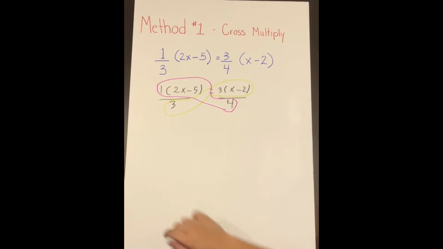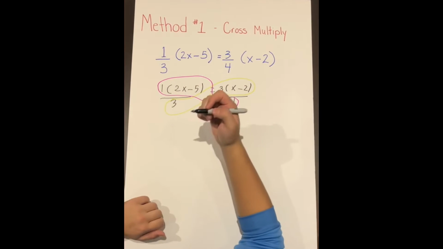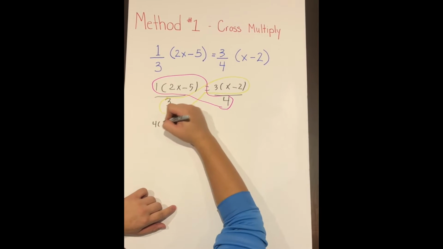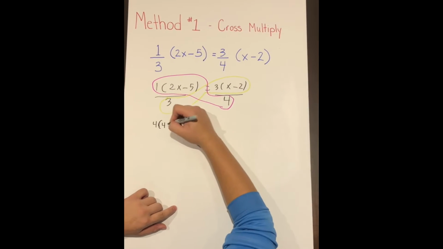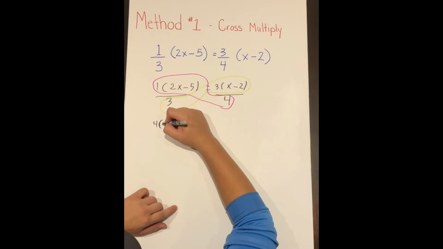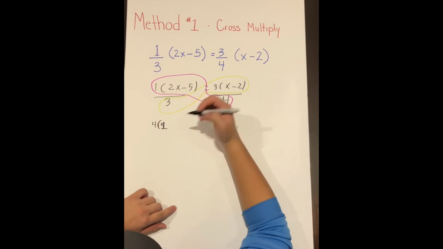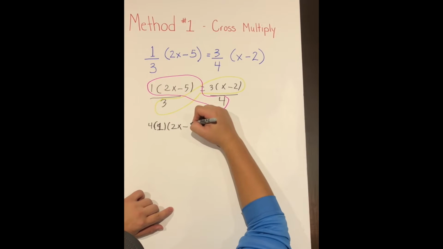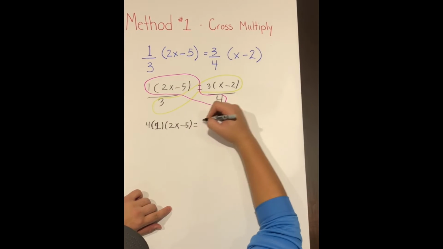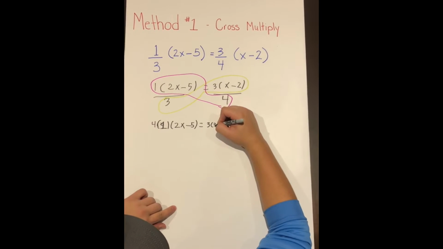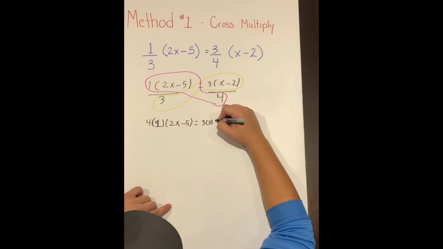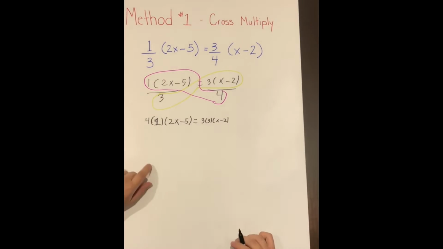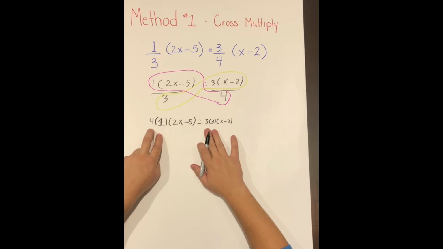After you do that, you would end up with something that looks like this: 4 times 1(2x - 5) = 3 times 3(x - 2). Once you do this, you have to multiply what's on the outside of the bracket.